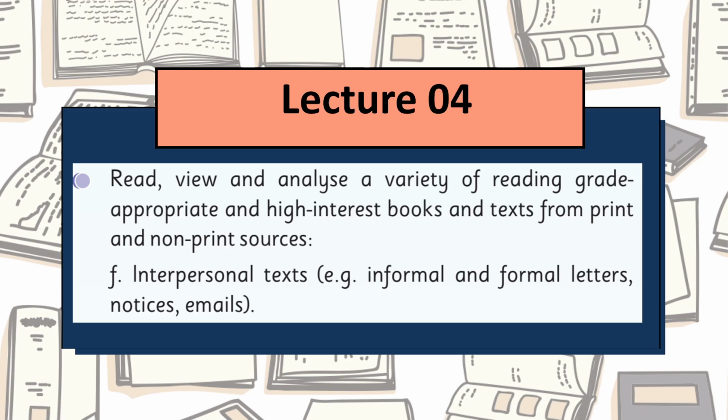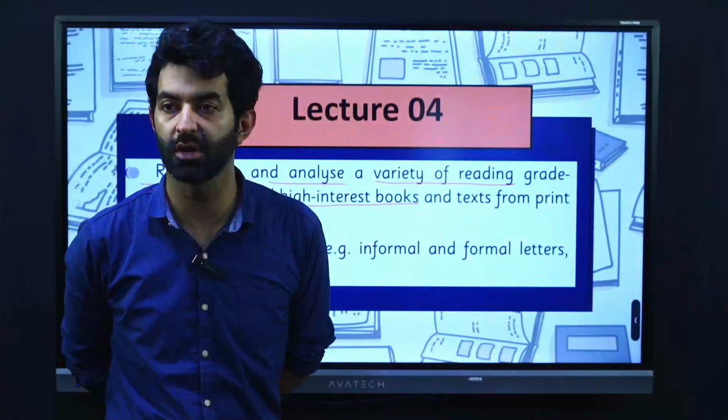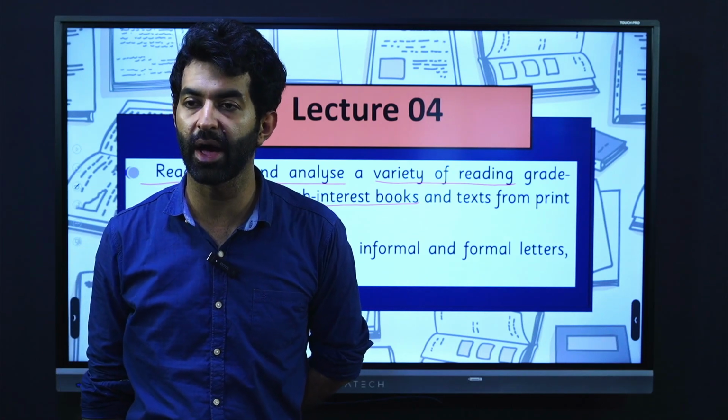Lecture 4 is about reading, where we will read, view, and analyze a variety of reading, grade appropriate and high interest books and texts from print and non-print sources. And this time we are going to talk about interpersonal texts. Last time हमने personal recounts का जिक्र किया था. We also talked about biographies and autobiographies.